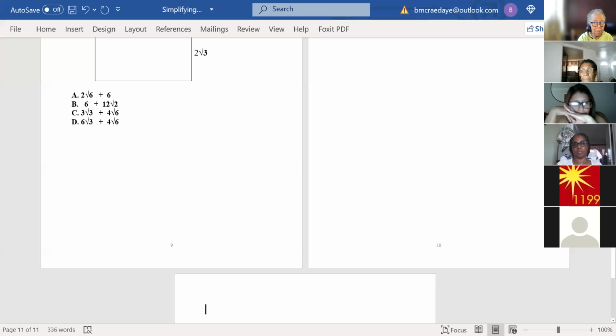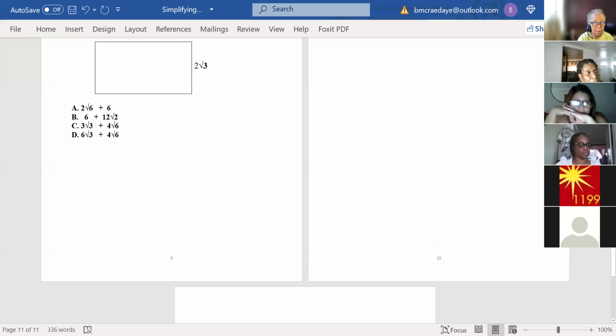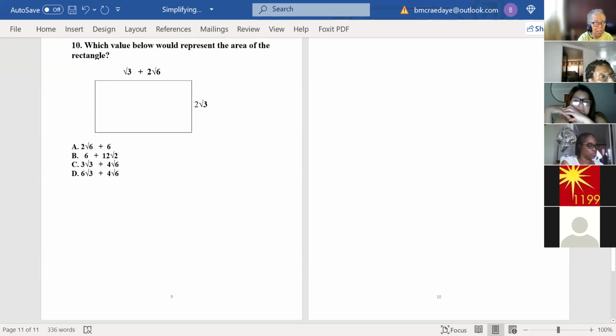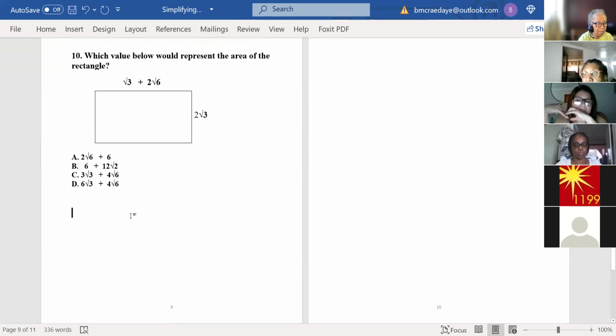Length plus width. Yes, Ms. Barbara. What's the formula for area of a rectangle? Okay, area of a rectangle equals what?